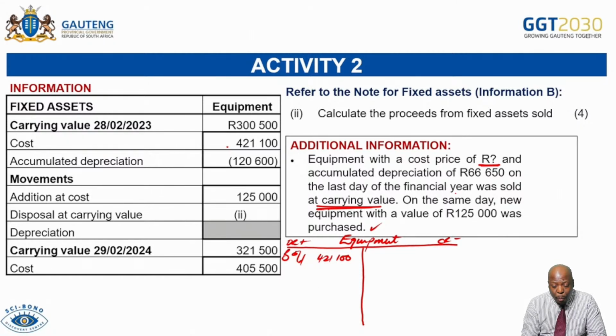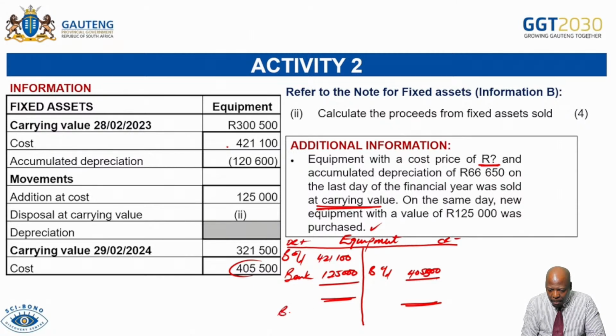Let me say we bought it cash. So I'm going to come and say bank, 125. So we added new equipment here, 125. So we can close this now. And we are told that at the end of the year, we are now having 405,500. That becomes my balance carried down, 405,500.